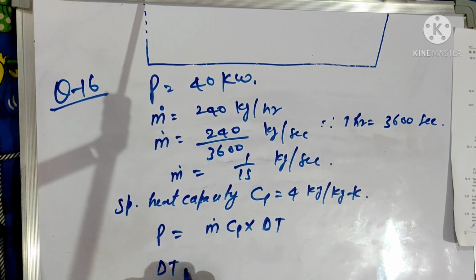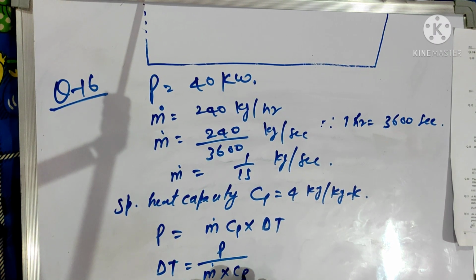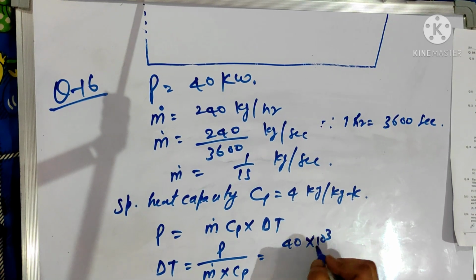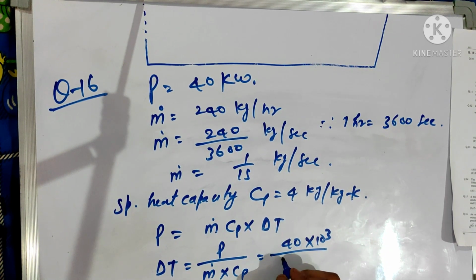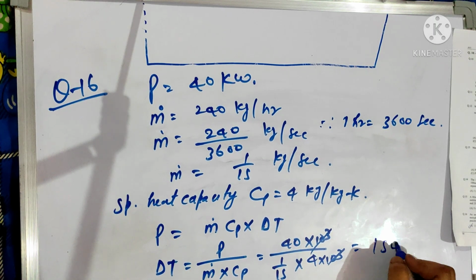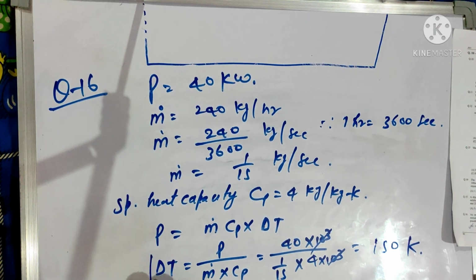So change in temperature is equal to power divided by mass rate into Cp. Then power given by 40 kilowatt divided by mass rate is equal to 1/15 into Cp given by 4 into 10 power 3, which is equal to 150 Kelvin.